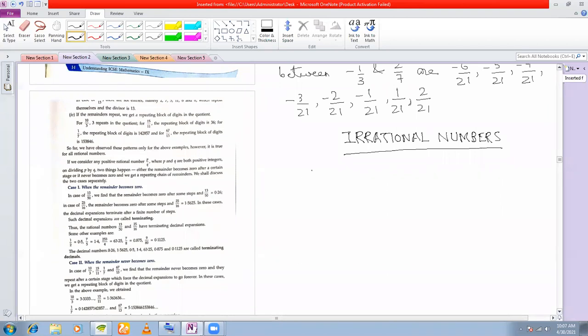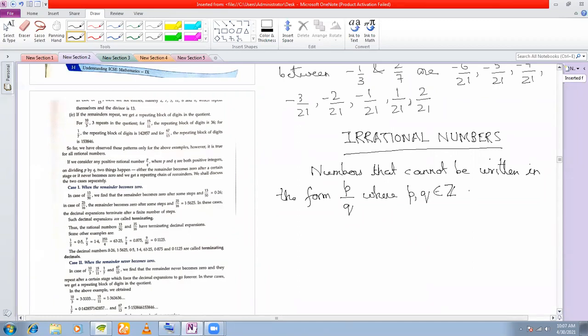For irrational numbers, the definition is numbers that cannot be written in the form P by Q, where P and Q are integers and Q not equal to 0.